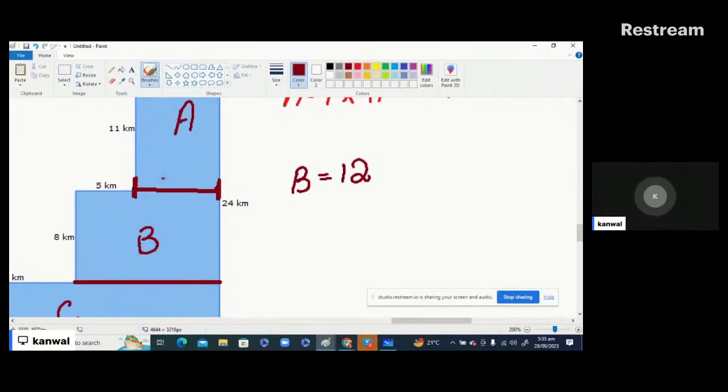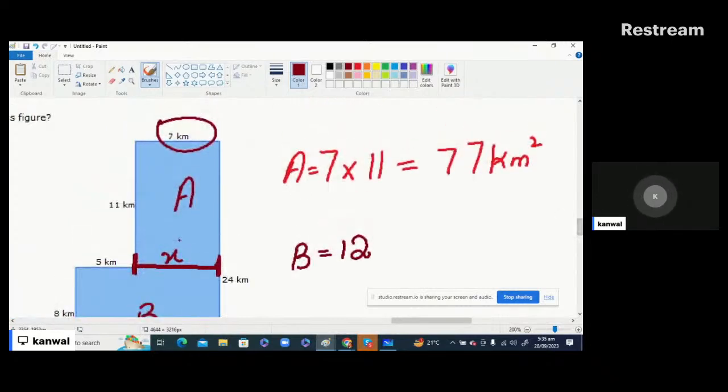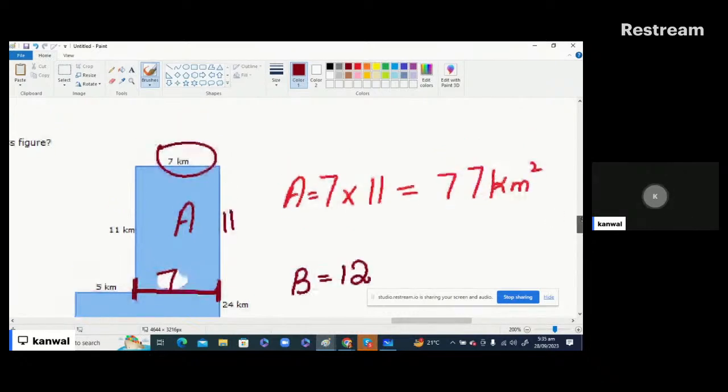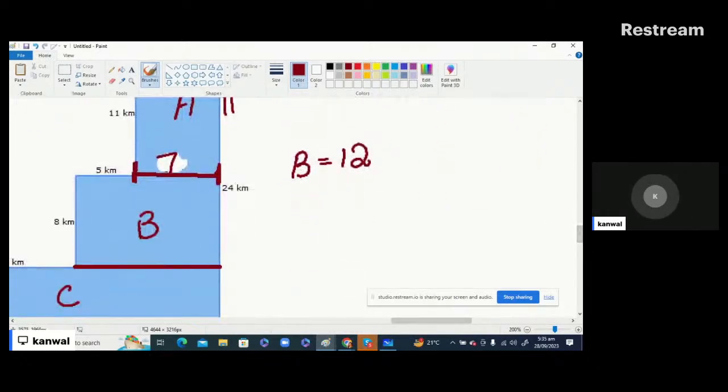Why we add? Because we just don't know the value of this is x. But from here we know it, that is if this base is 7, so this base is also 7 and this length is also 11. Okay. And how much the length? That is 8. So 12 times 8 is 96. This is also kilometer square.